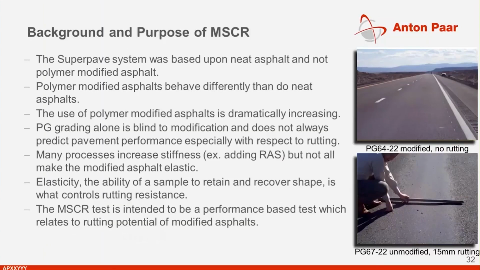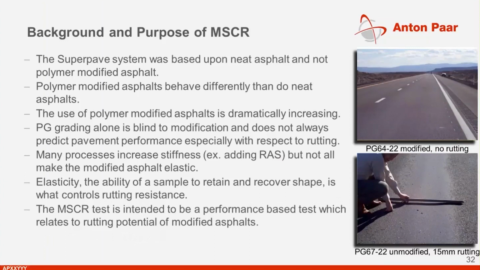For AASHTO T350 or ASTM D7405, which is the characterizing of high temperature performance properties, we are using the so-called MSCR test, which means multiple stress creep and recovery test.